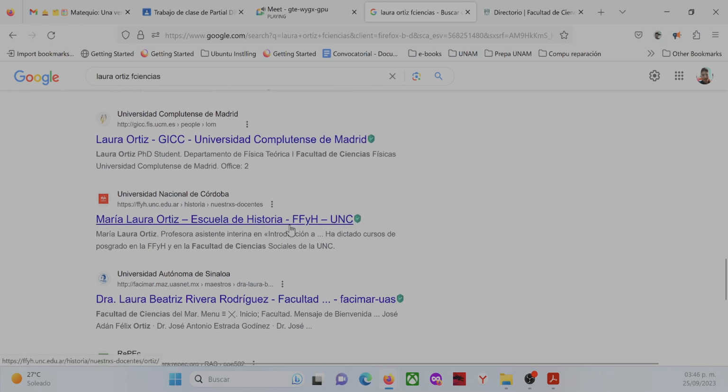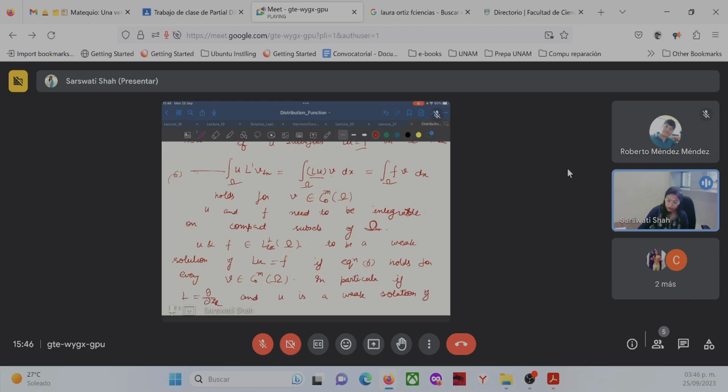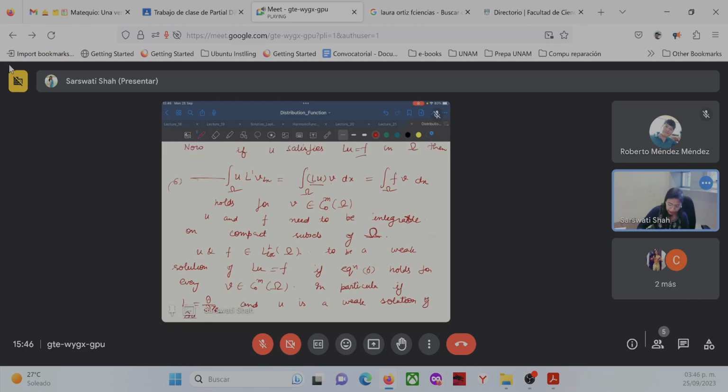In particular, if L equals del over del x_k and u is a weak solution of del u over del x_k equals f, then we say f is the weak derivative of u.